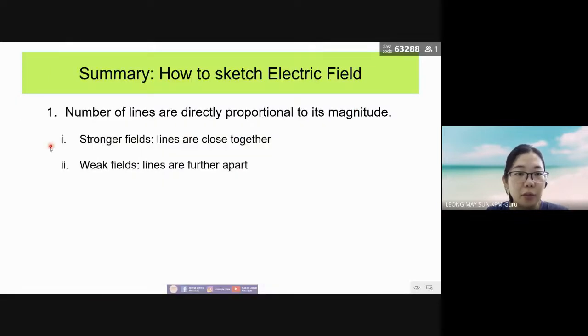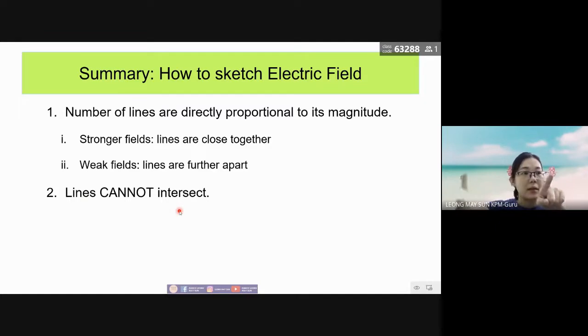So electric field lines, number of lines are directly proportional to its magnitude, but thankfully in SPM, we only consider the same charges, so the magnitude is the same. Lines cannot intersect, cannot touch each other, and cannot even pass by next to each other. There must be a space between them.